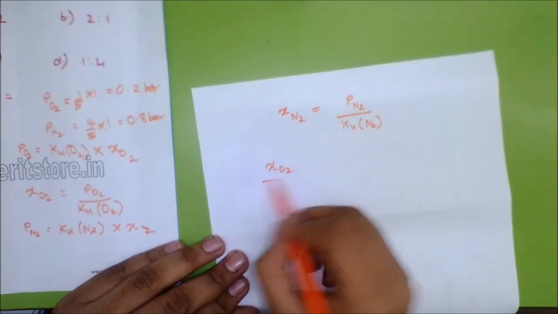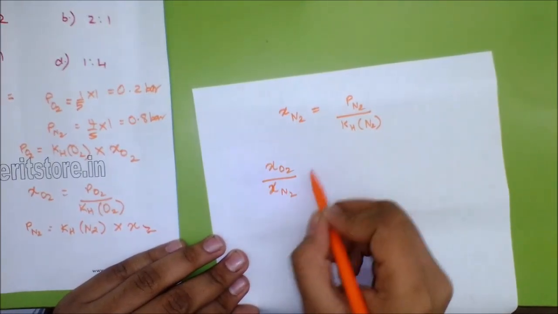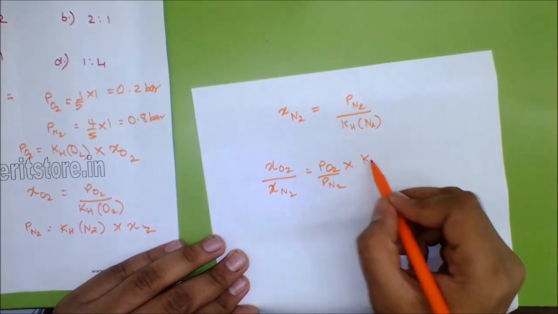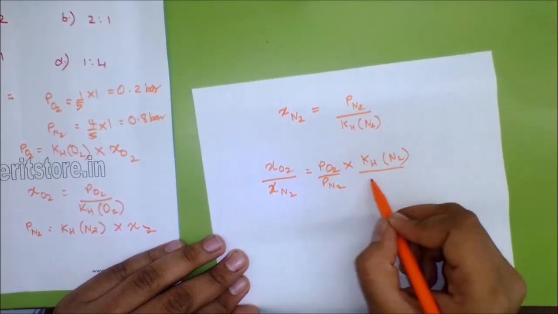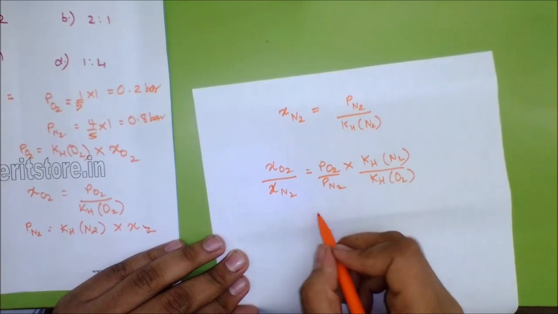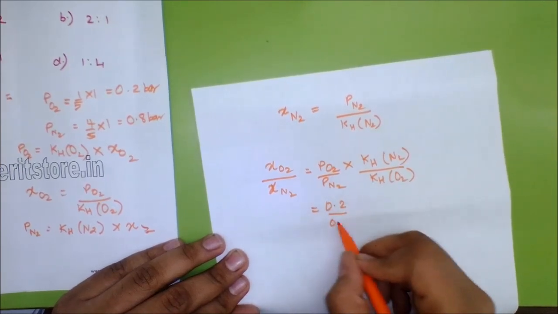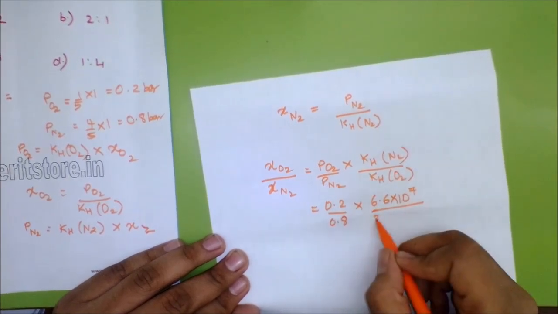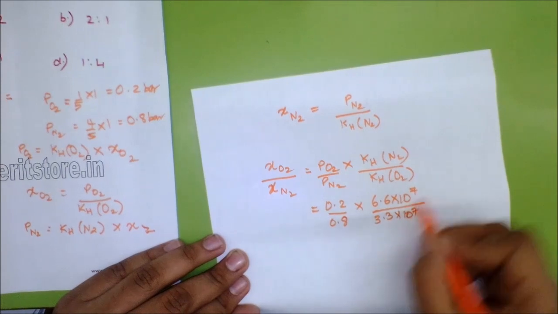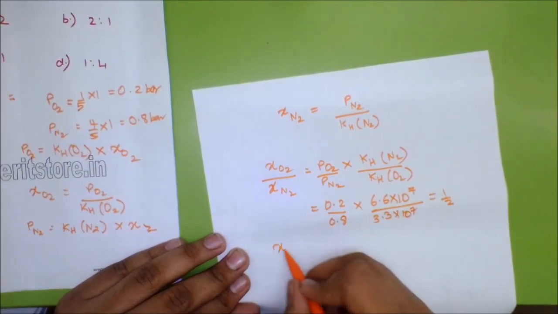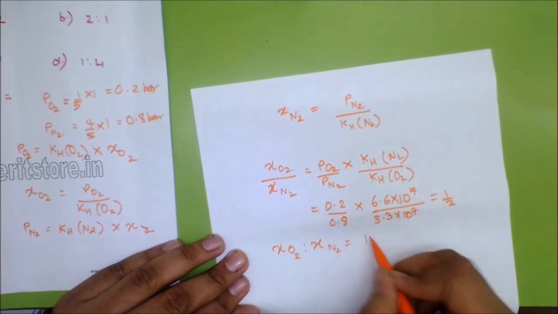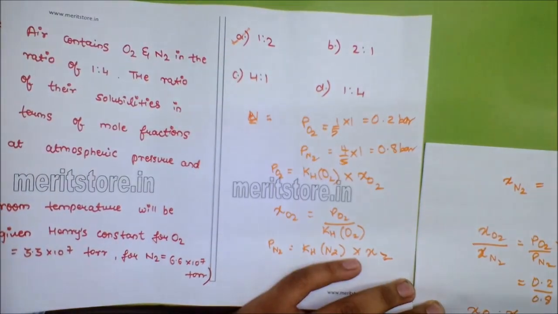So mole fraction of oxygen upon mole fraction of nitrogen is equal to PO2 upon PN2 multiplied by the ratio of Henry's constants, which is equal to 0.2 upon 0.8 multiplied by 6.6 into 10 raised to 7 upon 3.3 into 10 raised to 7, which is equal to 1 by 2. So the ratio of mole fraction of oxygen to mole fraction of nitrogen is 1:2. So option A, 1:2, is the correct answer.